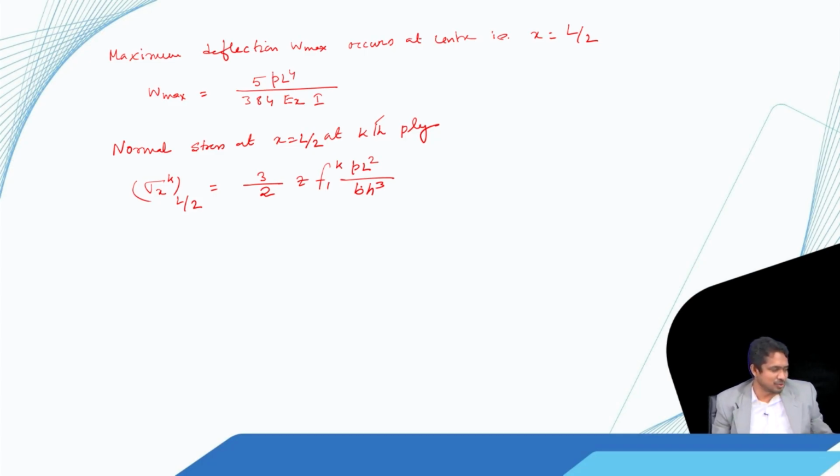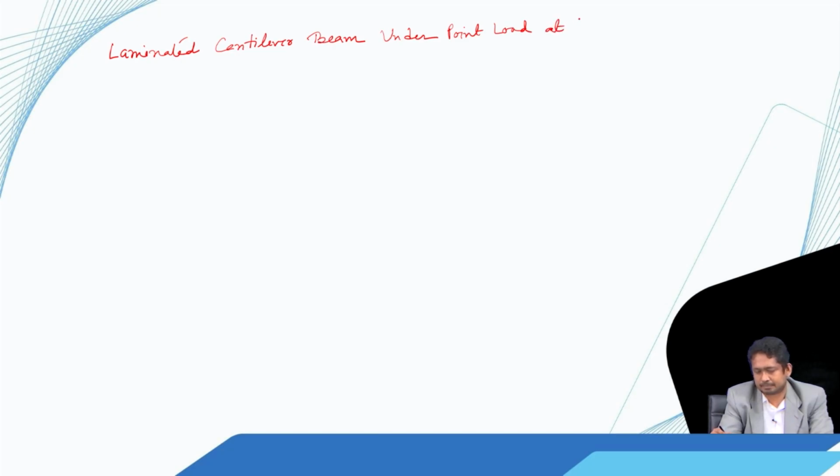Now, let us look into another example, that is a laminated cantilever beam under point load at tip.